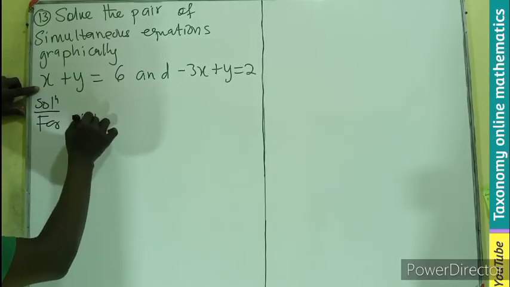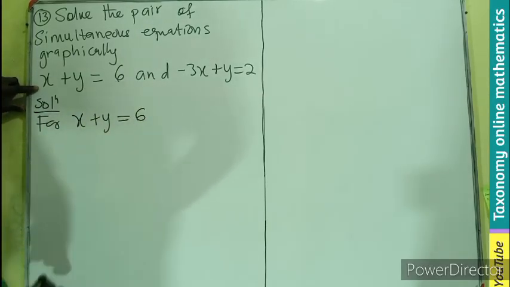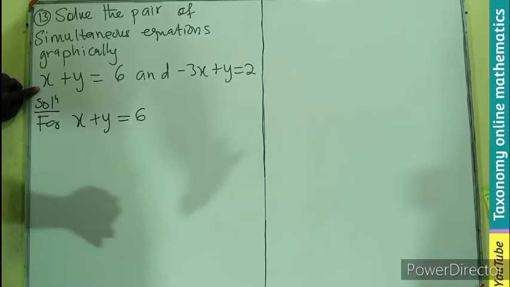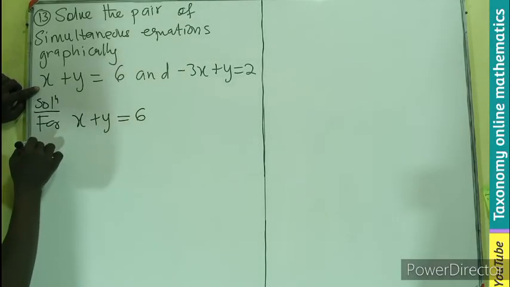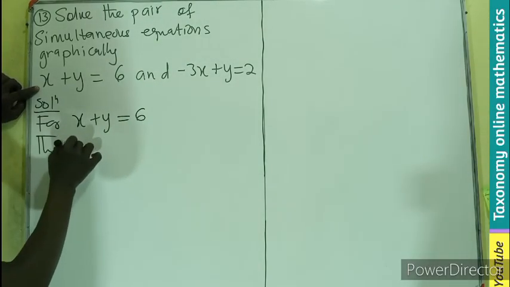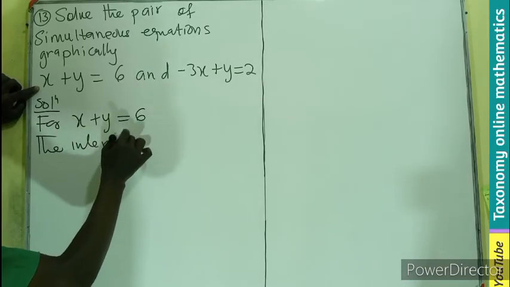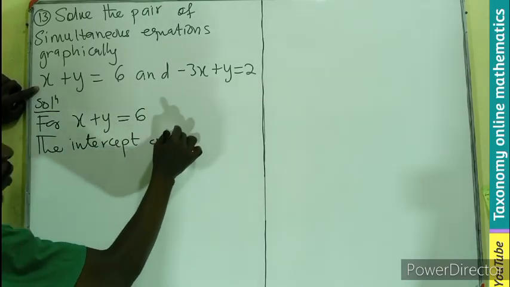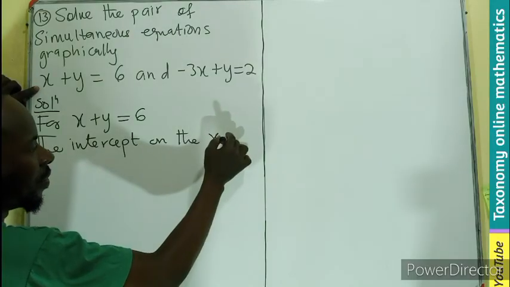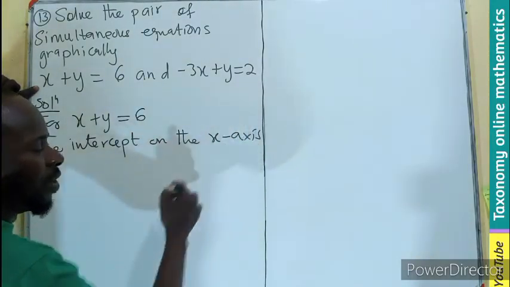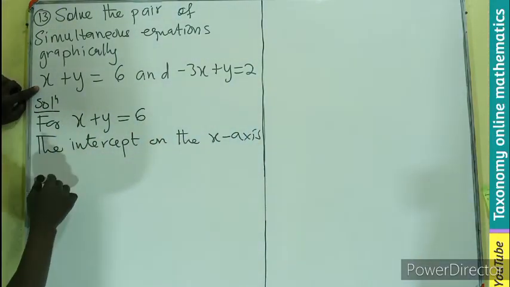So for x plus y equals 6, we are going to find the intercept on both axes. First, the intercept on the x-axis. What does it mean? It means that we put y to be 0.